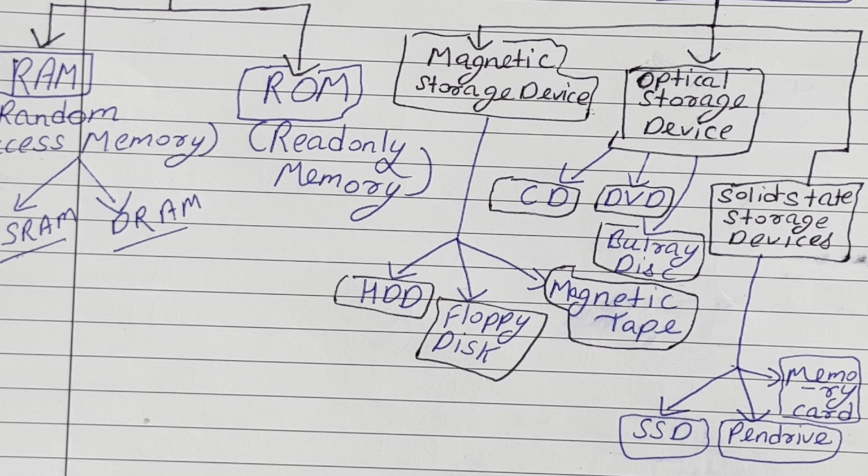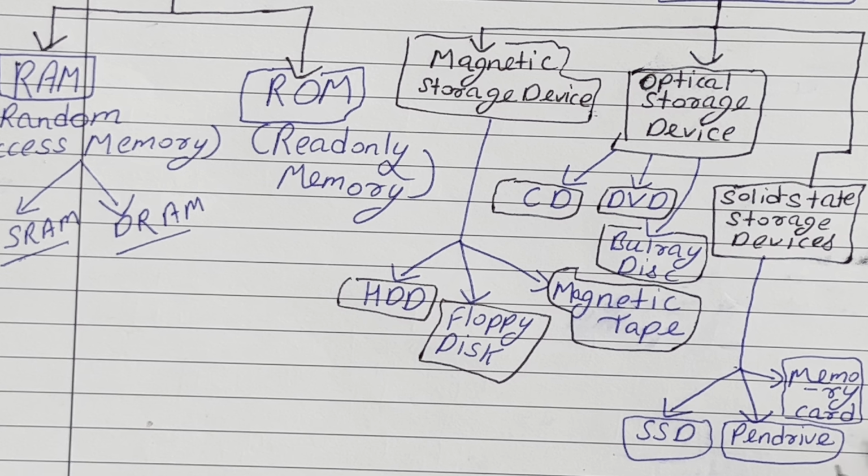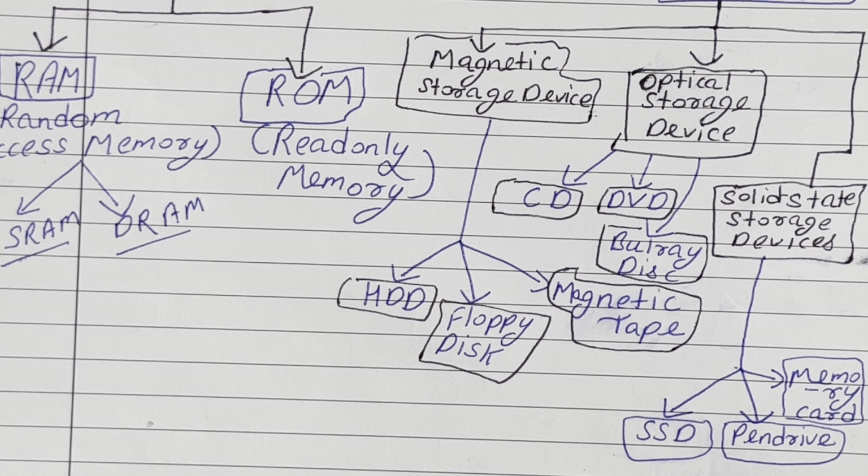Common examples of solid state storage devices are SSD, pen drive, and memory card. SSD stands for solid state drive. It is a type of secondary storage device which stores data using flash memory chips.